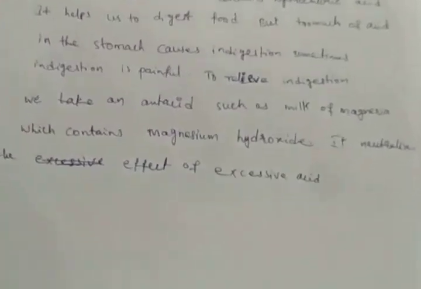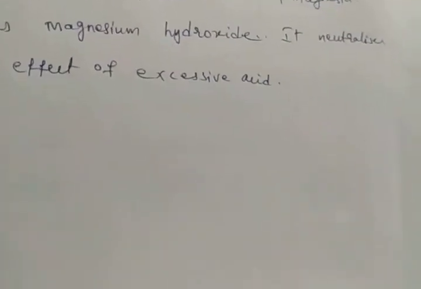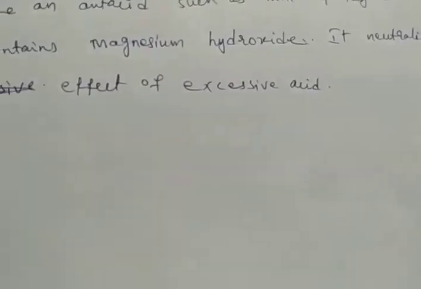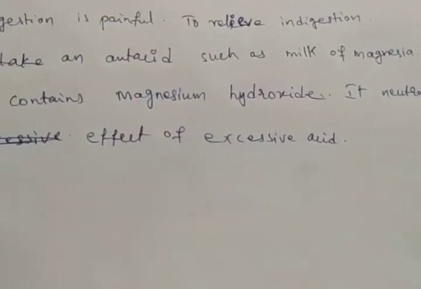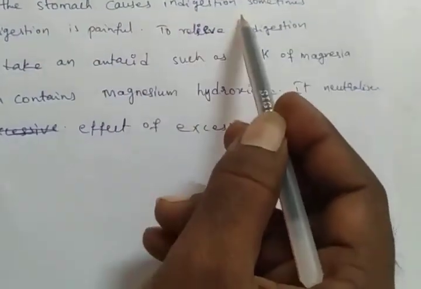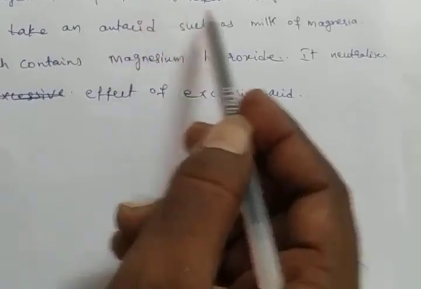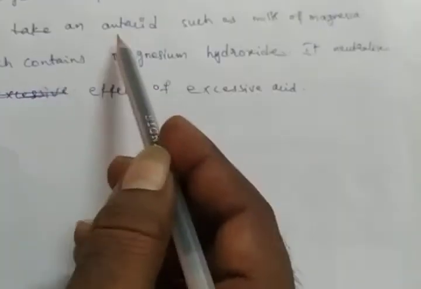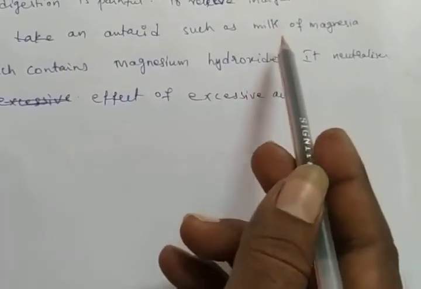Okay, once you have to observe indigestion. Generally our stomach contains hydrochloric acid. It helps us to digest food, but too much acid in the stomach causes indigestion. Sometimes indigestion is painful. To relieve indigestion, we take an antacid. Antacid is milk of magnesia.